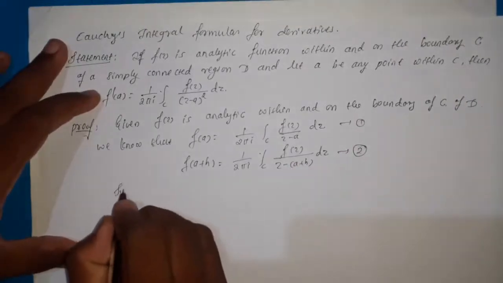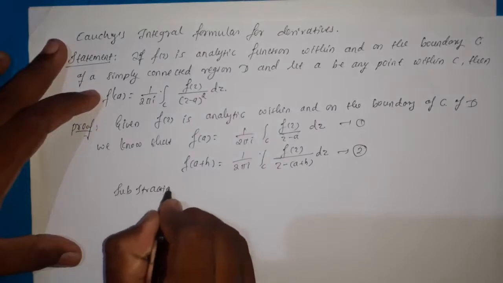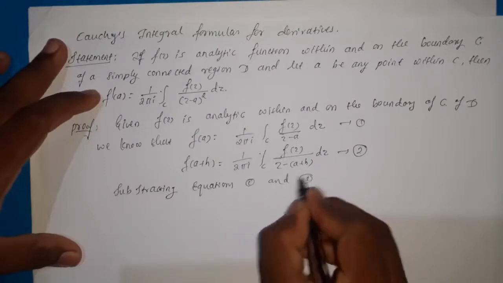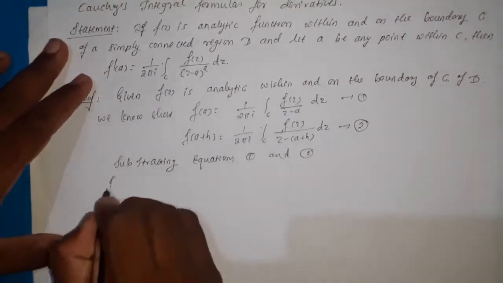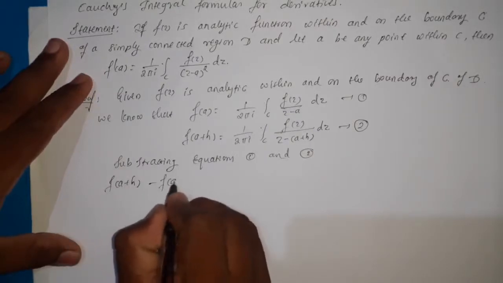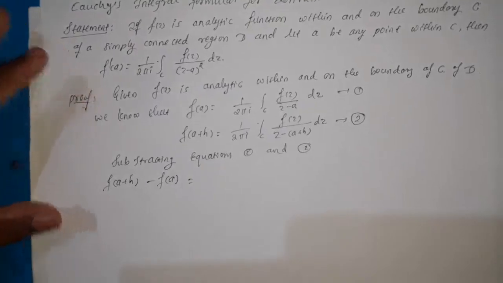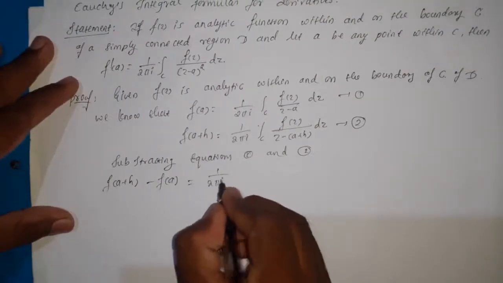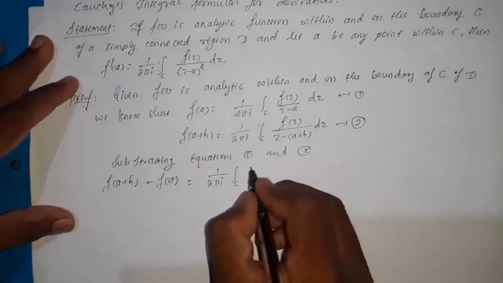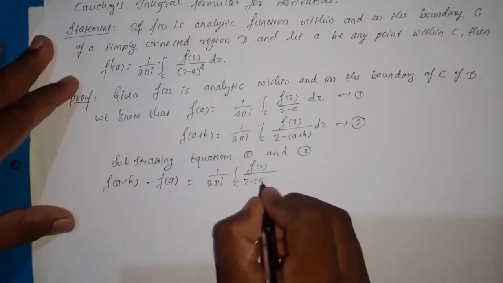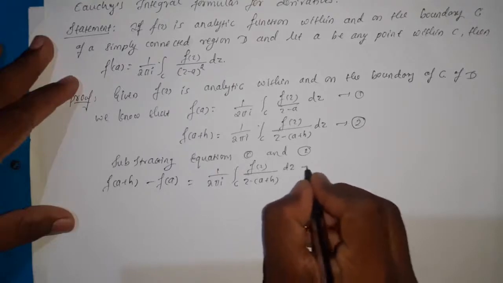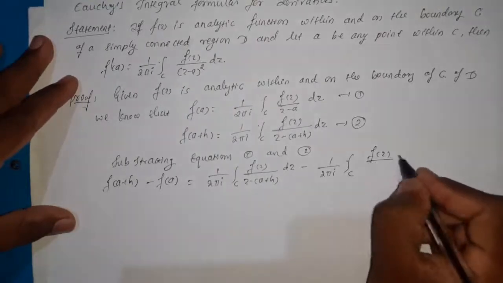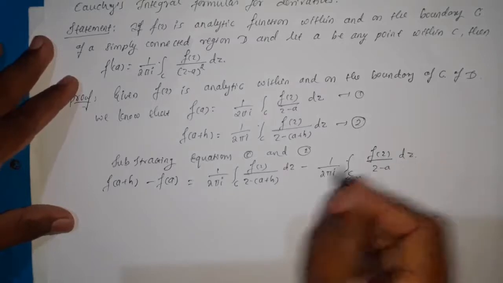Now subtracting equations 1 and 2. So we get f of a plus h minus f of a is equal to 1 by 2 pi i integration over C f of z divided by z minus of a plus h dz, minus 1 divided by 2 pi i integration over C f of z divided by z minus a dz.